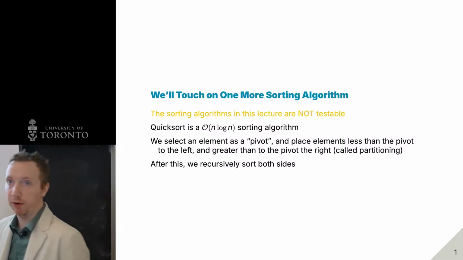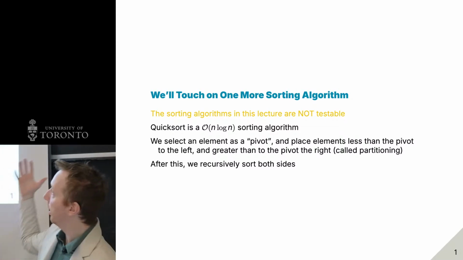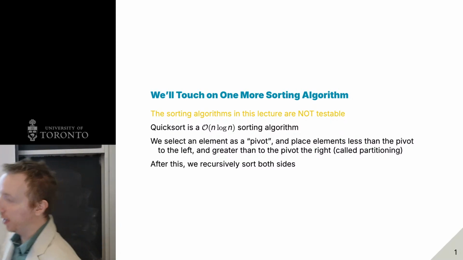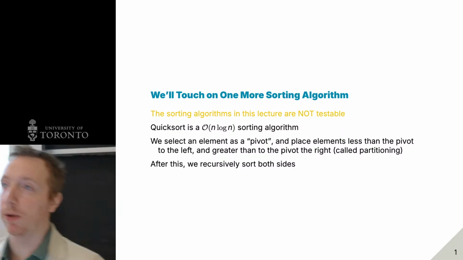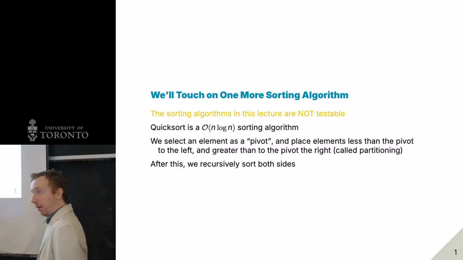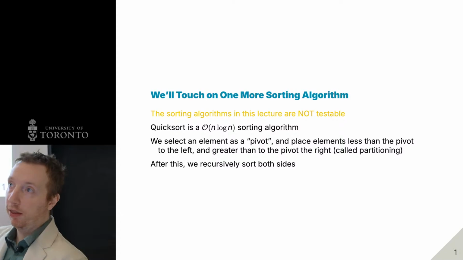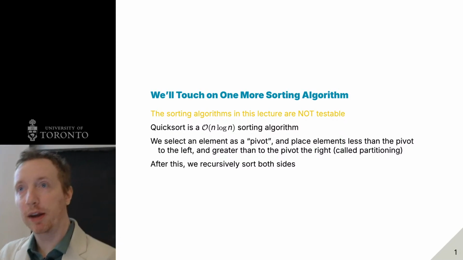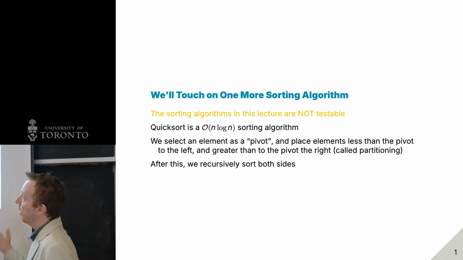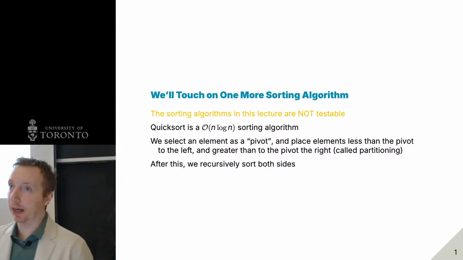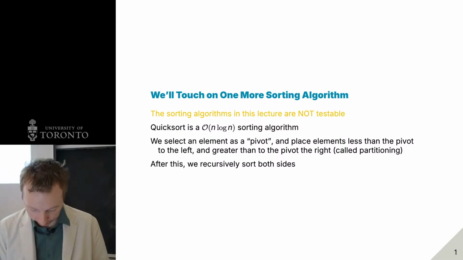So we don't have to sort the entire thing. We just have to do that step and then do that step recursively over and over again, which is called partitioning, because we know that if everything to the left is less than that number and everything to the right is greater, then at least that one number is in the right place. And then after that, I can recursively sort both sides.